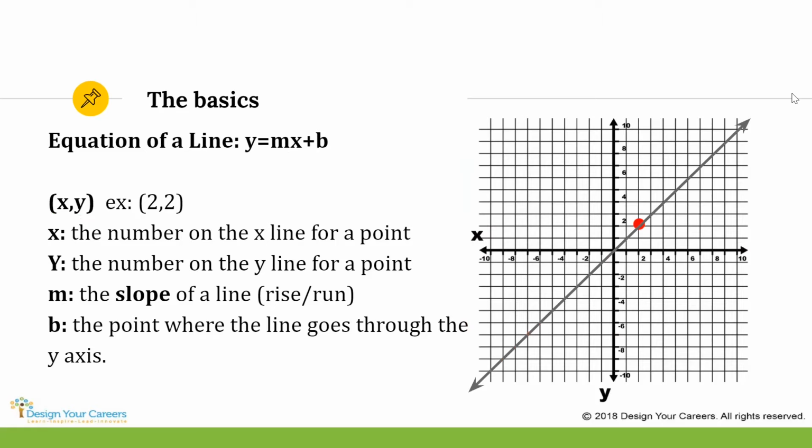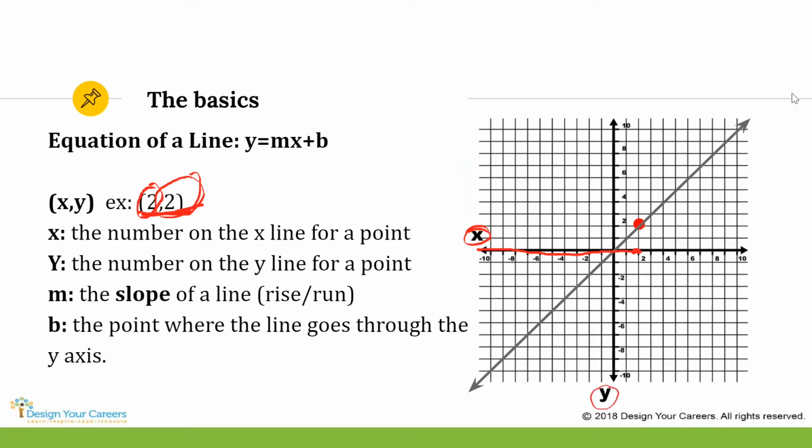So if we have a point 2, 2, since it's x, y, the first number you should be looking at is our x value, which is 2. We look on our x-axis for the number 2 and stop there. Then we look at our y value, which is also a 2.